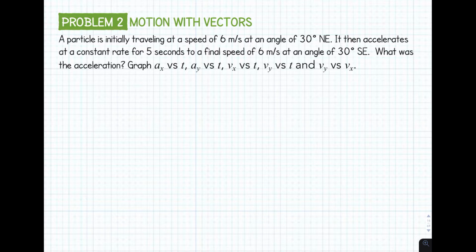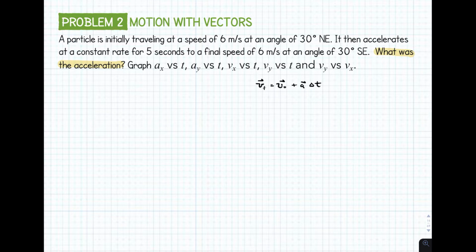So starting with the first part of the problem, we want to find what is the acceleration, okay? So we want to figure out the kinematics equation. Well, we know that this is our best kinematics equation for this: V final is equal to V initial, where these are vectors, plus A delta t, which we can do because we know these are all vectors.